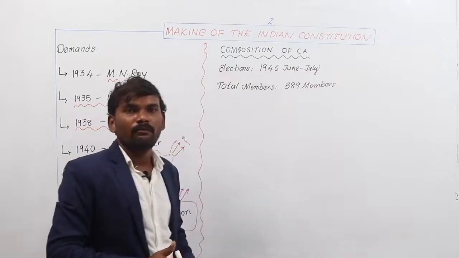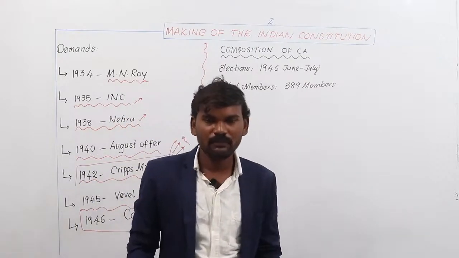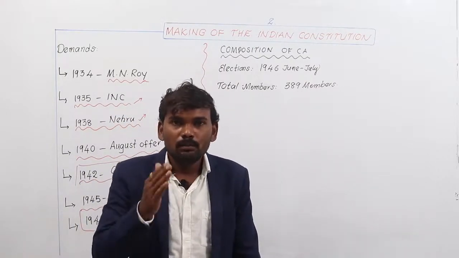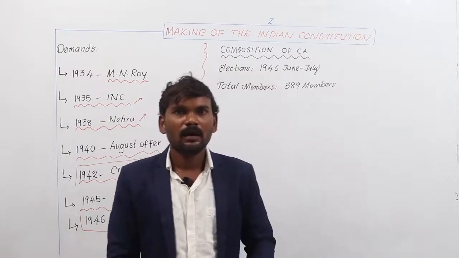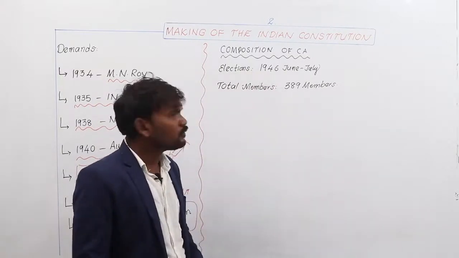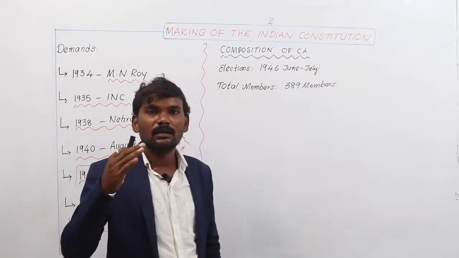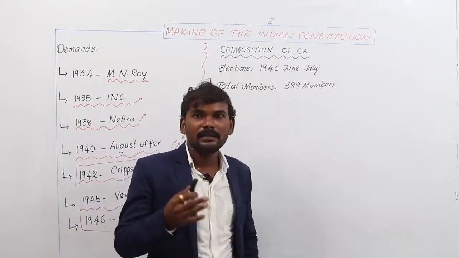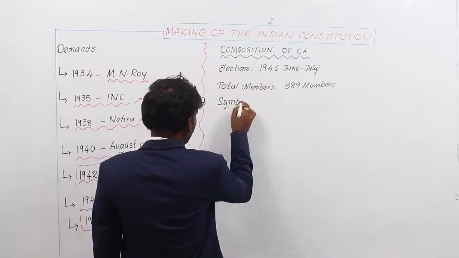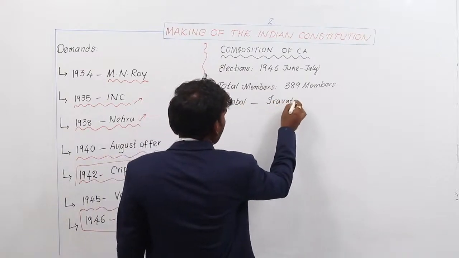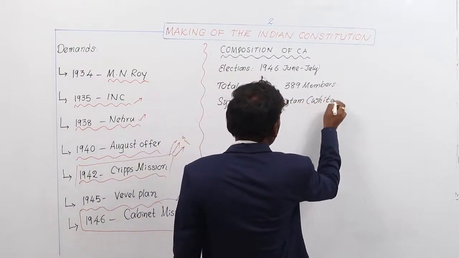But when the Mountbatten Plan was announced on June 3rd, 1947, the Muslim League rejected its proposals and quit the Constituent Assembly. So the number came down to 299 members after the Muslim League quit. The symbol of the Constituent Assembly was Airavatam, the white elephant.